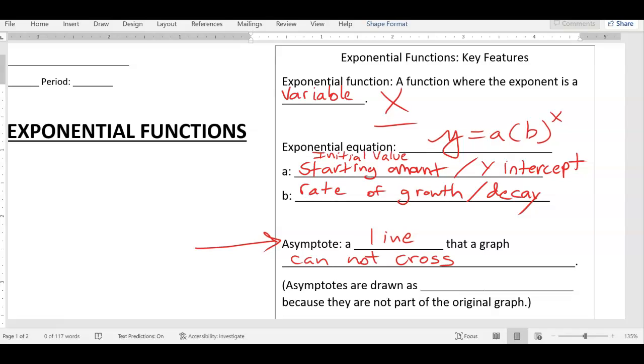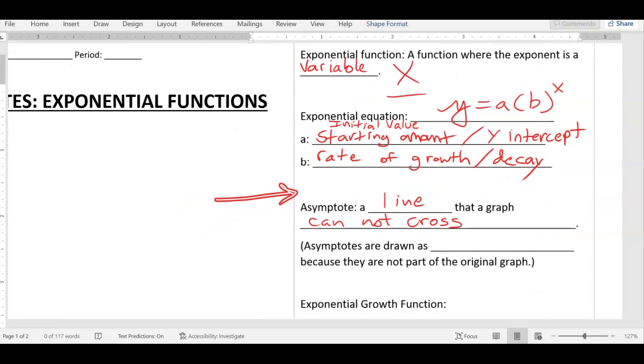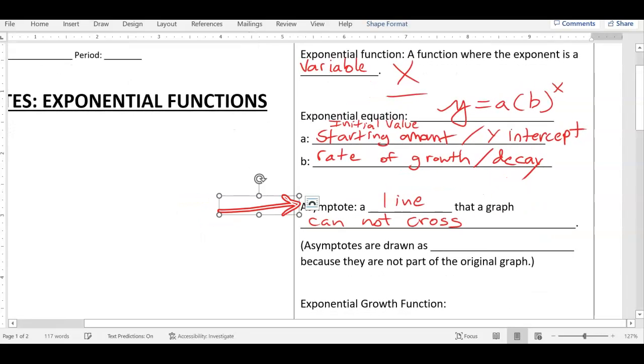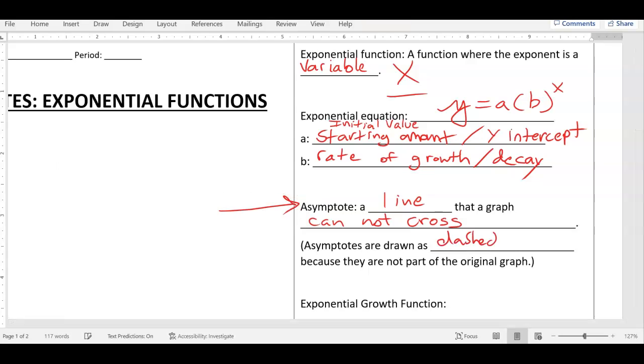You can get super close to it, but never ever touching it, never going past it, okay? And we're going to see that on our exponential graphs, okay? Now, asymptotes are drawn as dashed lines. Dashed lines. Because they are not part of the original graph, okay? So a dashed line looks like this. It's got little breaks in it.